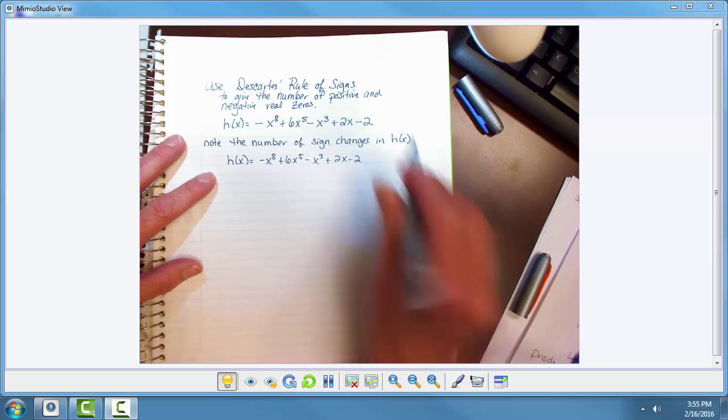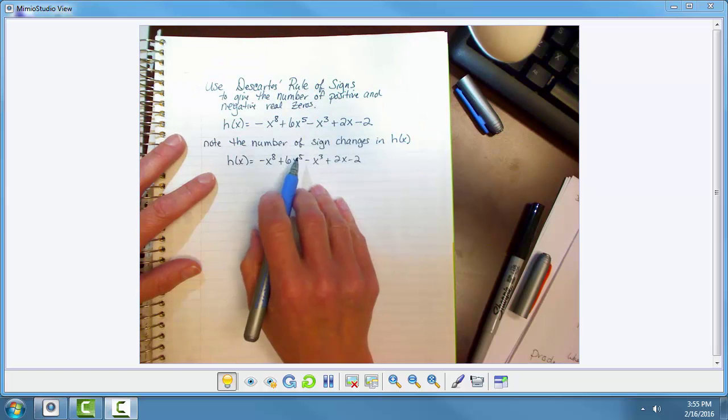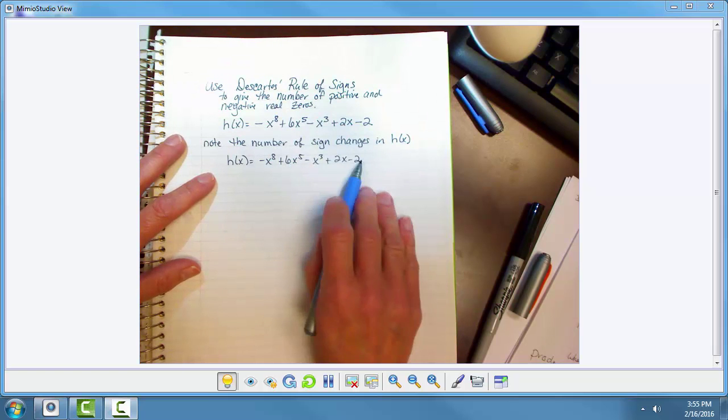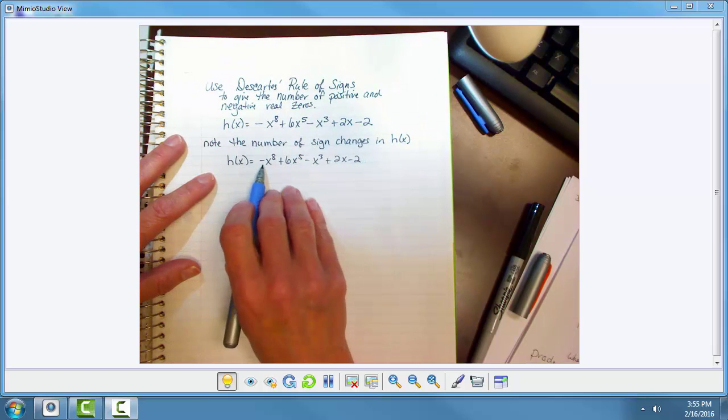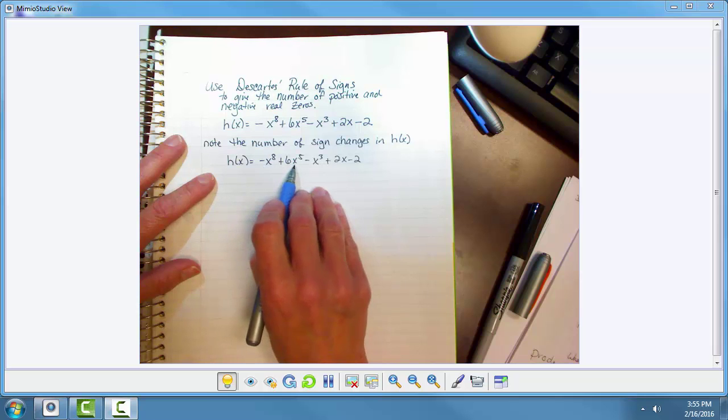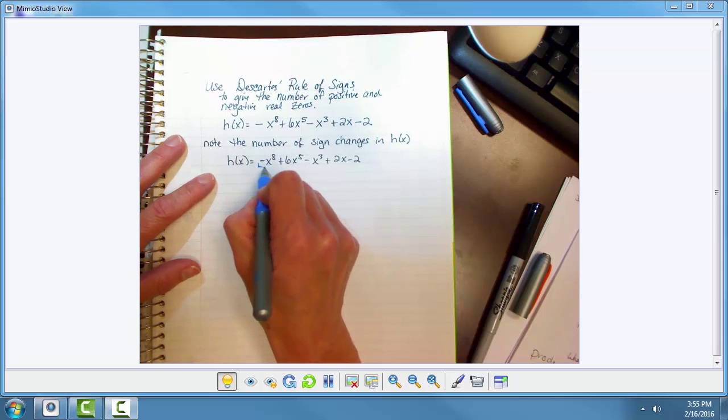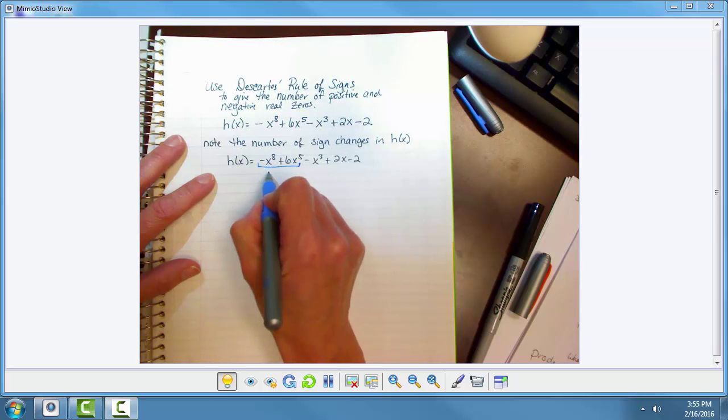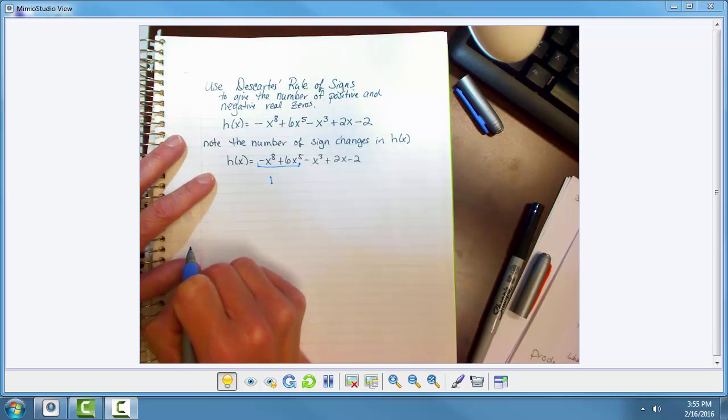Okay, so let's look. Notice from term to term, this thing has 5 terms, okay? From the first to the second term, it went negative, positive. So that's one sign change.